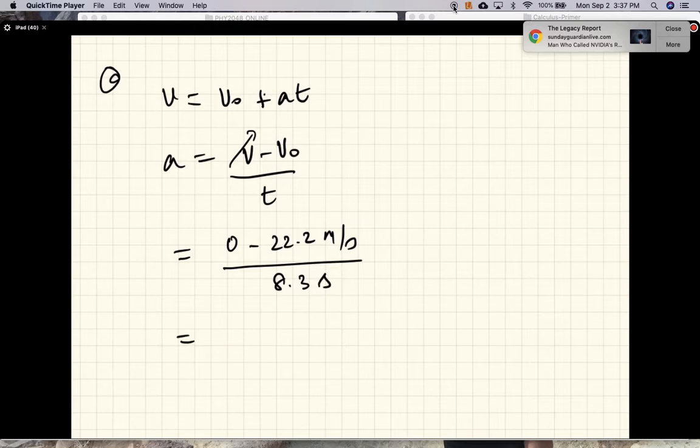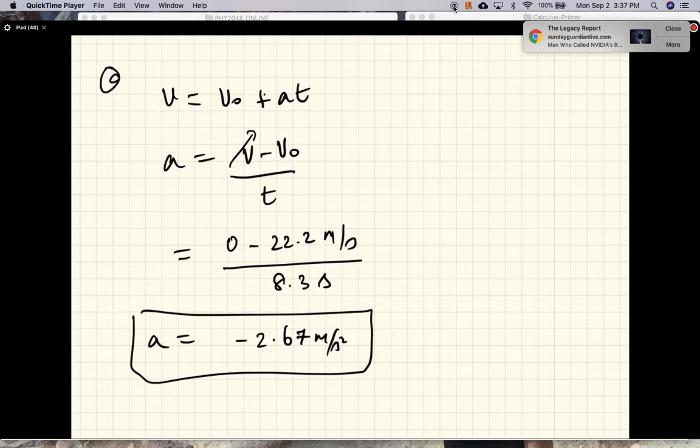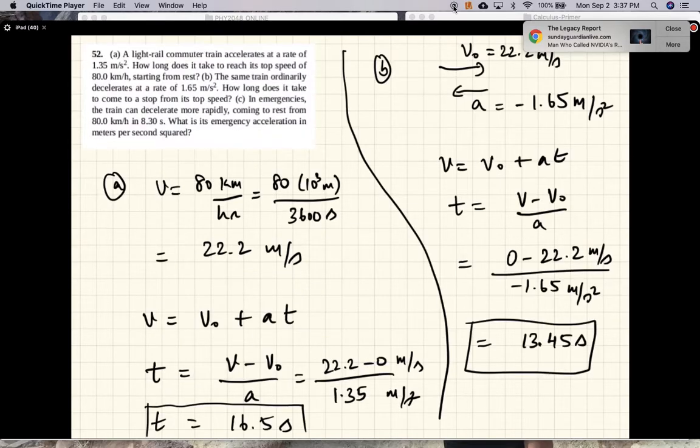So maybe 2.67 meters per second squared. So the emergency acceleration is 2.67 meters per second squared, and the normal deceleration was 1.67 meters per second squared.